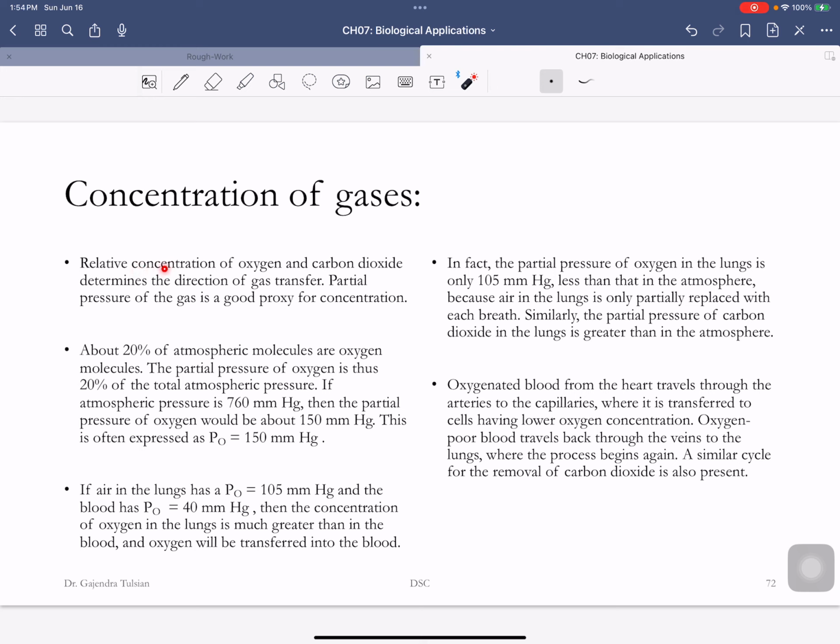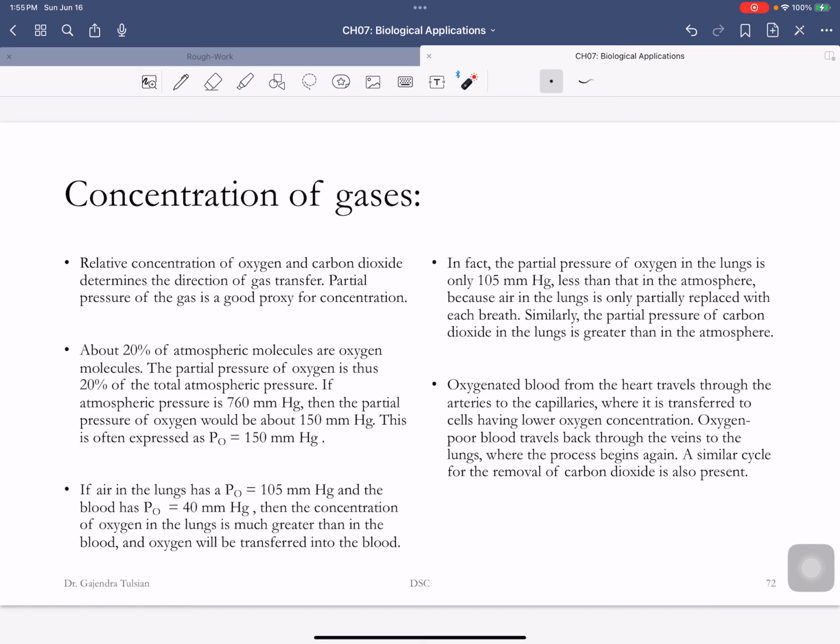So the relative concentration of oxygen and carbon dioxide determines the direction of gas transfer. Partial pressure of the gas is a good proxy for concentration. About 20% of atmospheric molecules are oxygen, and so the partial pressure of oxygen is 20% of atmospheric pressure.